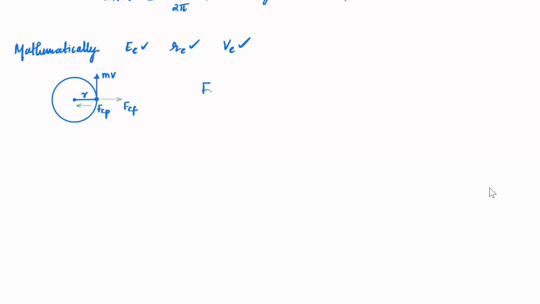Now centripetal force is because of the charges. Any two oppositely charged particles attract each other, and we call it the Coulomb force, which is equal to some constant K into q1 q2 by r square. This is the formula. And centrifugal force, which is the outward force, is equal to mv square by r.